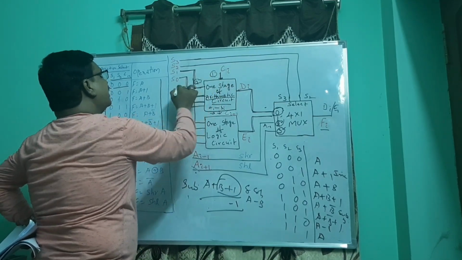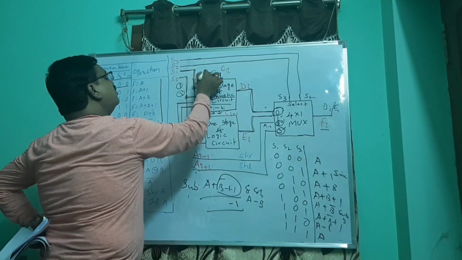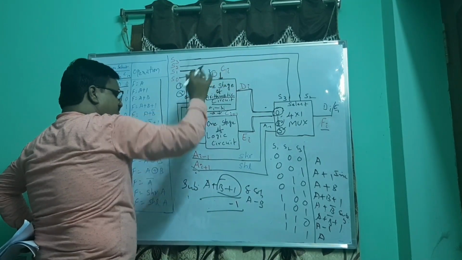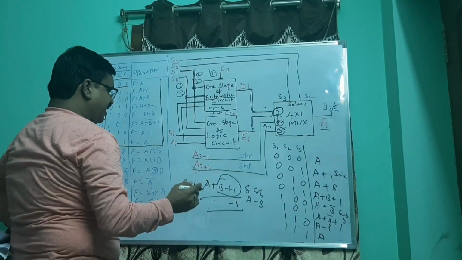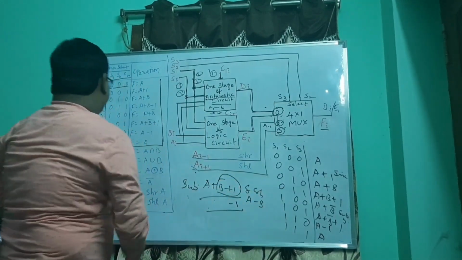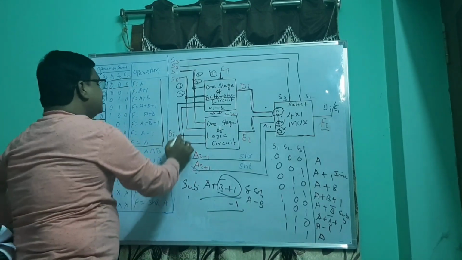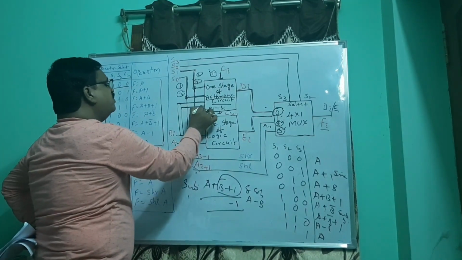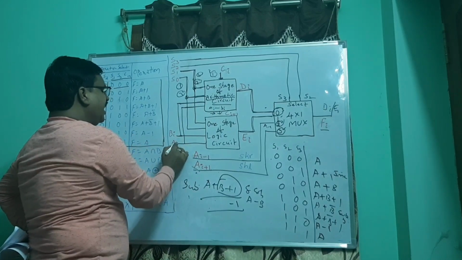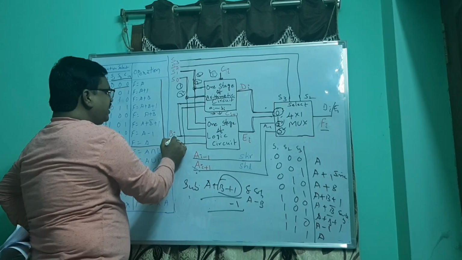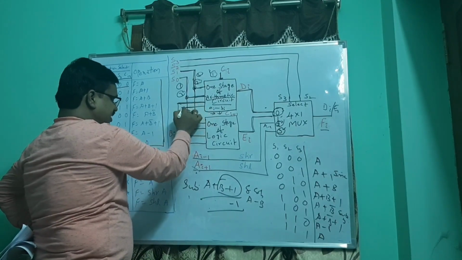When these three are considered with 3 input values of binary, total 8 combinations will be generated. Like here S1, S0 and Cin, 8 combinations will be generated, and the remaining 2 are given from AI and BI. Means ith bit of the register A, ith bit of the register B. These two are given as inputs.